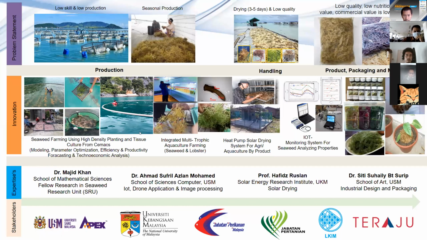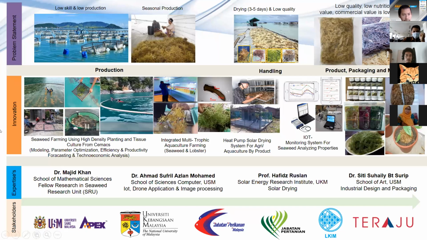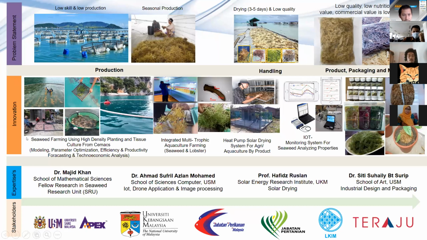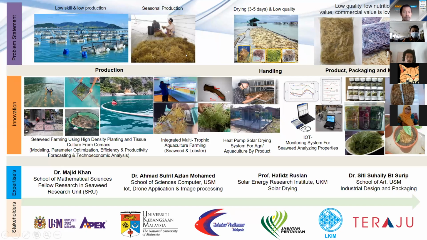So that's why we are using an artificial intelligence system to do seaweed farming using high density planting, tissue culture from our lab, modeling, parameter optimization, efficiency, productivity forecasting, and also techno-economic analysis. We also integrate this project with seaweed and lobster to find an alternative backup income for the industry.